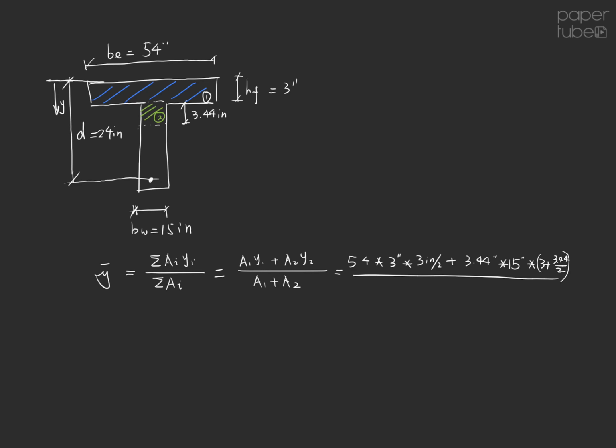All right, divided by 54 times 3 plus 3.44 times 15. That will give you your y bar as 2.28, meaning the centroid of this cross section of the T-beam is located somewhere here. That is your centroid.